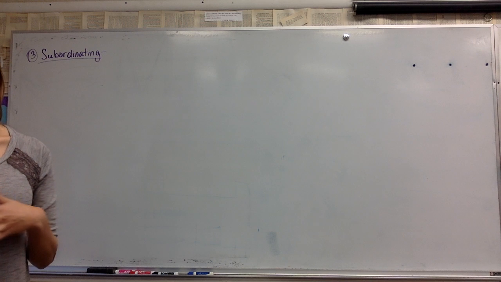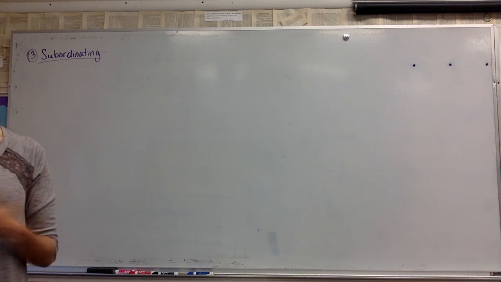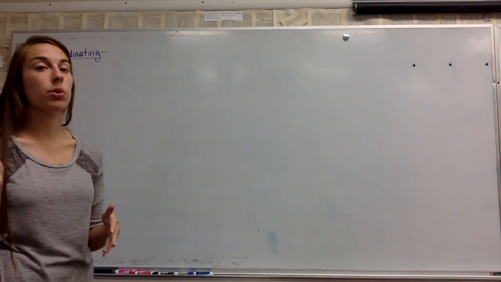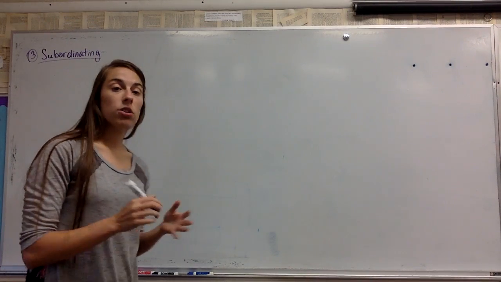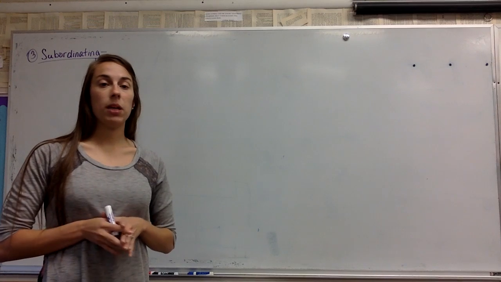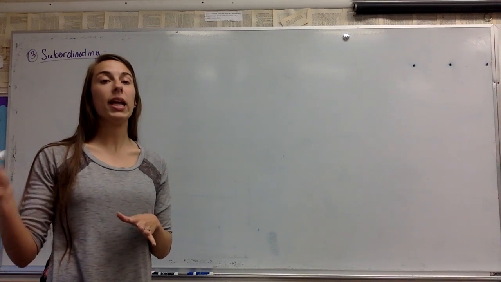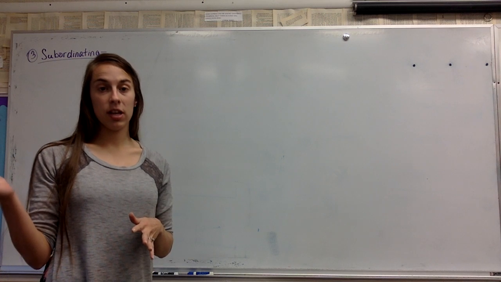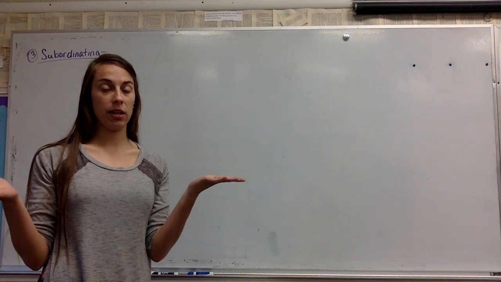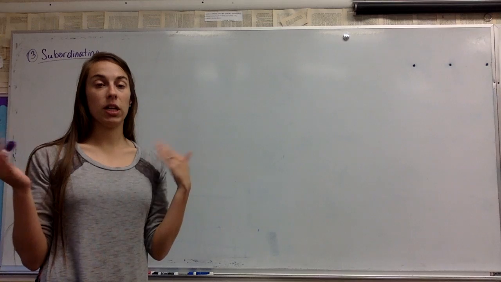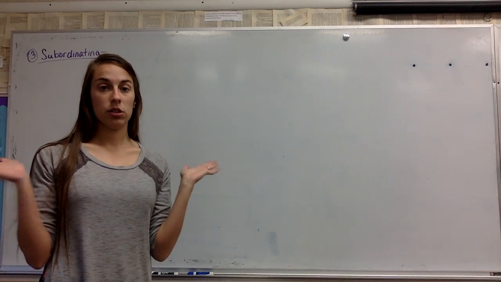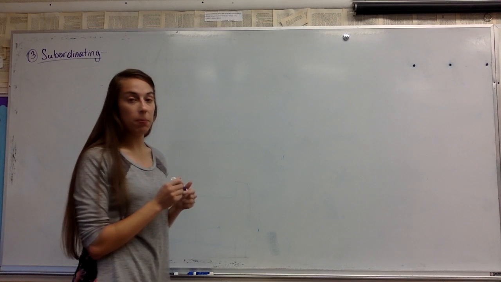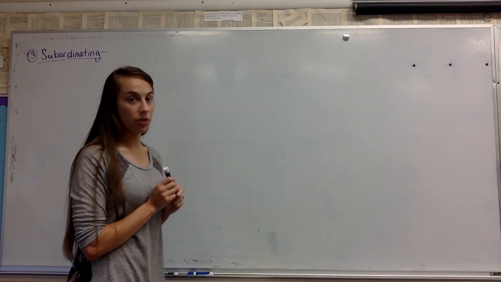What is that called when you have to rely on somebody else if you cannot do it on your own? Dependent. So our subordinating conjunctions are going to connect two things by making one idea dependent on the other. So our dependent clause has to go with our independent clause, and then they have to be connected in the middle. Okay? So it connects two ideas by making one idea dependent on the other.